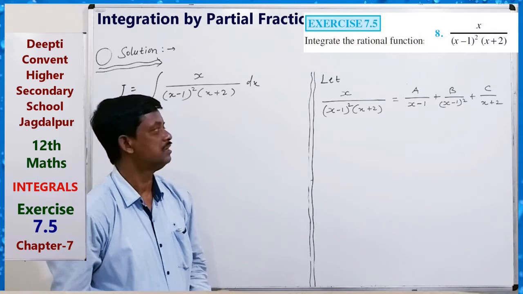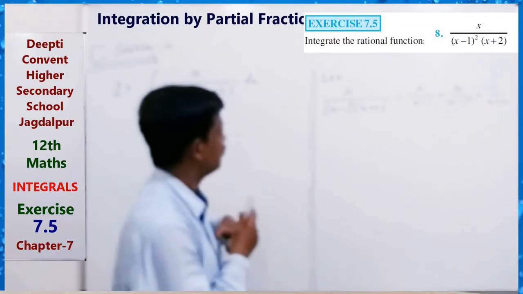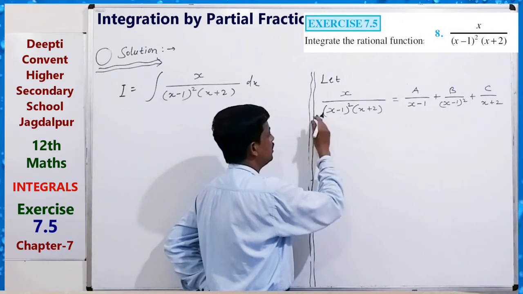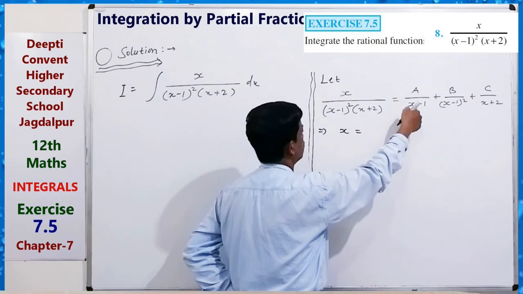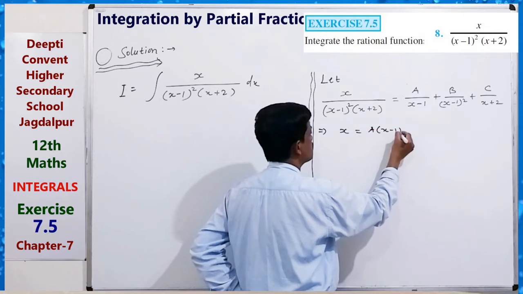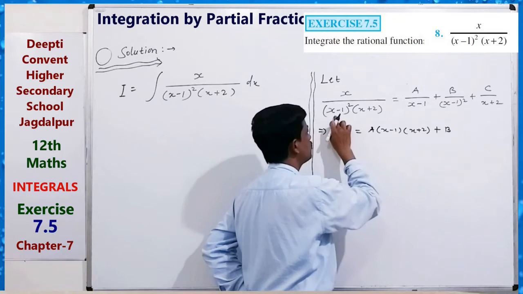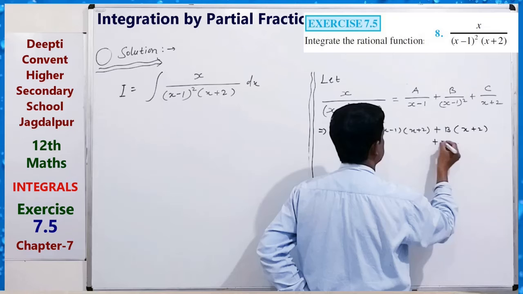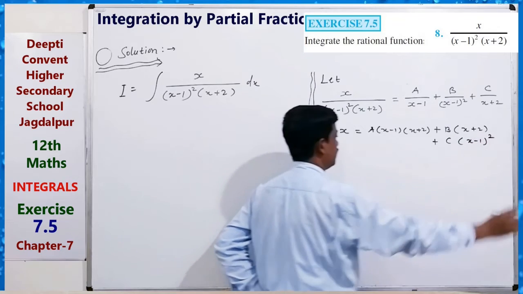And for finding a, b, c, we can see here. What is the method? Multiply both sides by this. So x equals to a into x minus 1 cancels out once, so a into x minus 1 and x plus 2, plus b into x plus 2, since x minus 1 square is cancelled out completely, plus c into x minus 1 square.